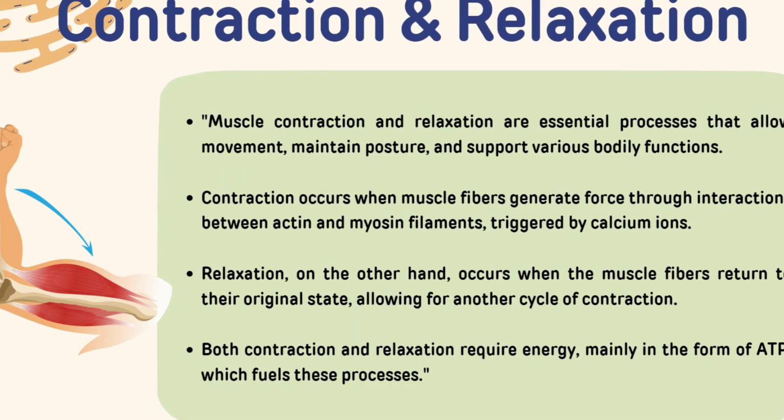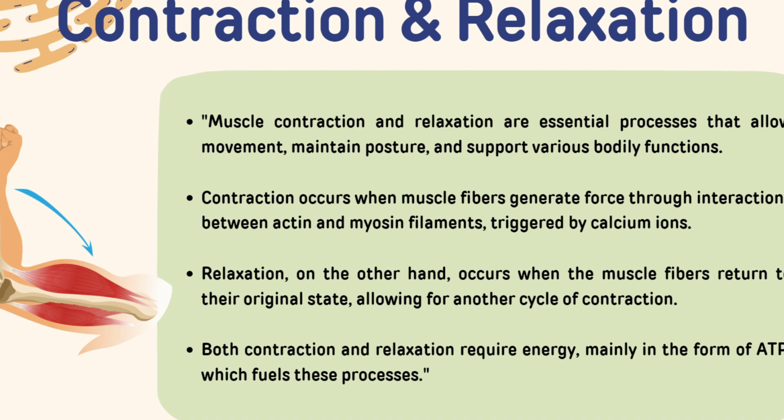Contraction and relaxation. Muscle contraction and relaxation are essential processes that allow movement, maintain posture, and support various bodily functions. Contraction occurs when muscle fibers generate force through interactions between actin-myosin filaments triggered by calcium ions. So this is not about ATP or ADP; we're talking about the sliding model.